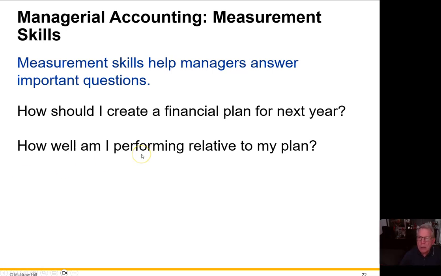So, measurement skills help managers answer important questions. For example, number 1, how should I create a financial plan for next year? Number 2, how well am I performing relative to that plan?